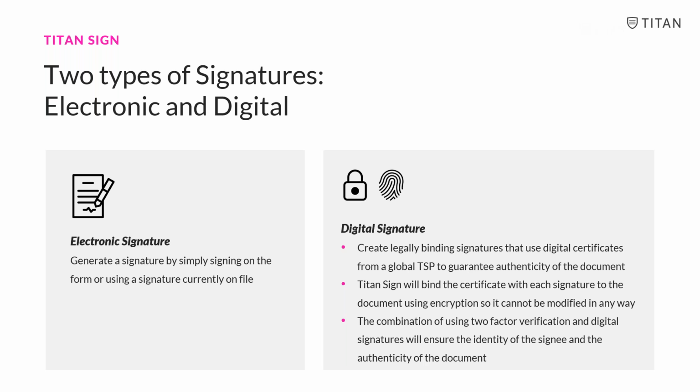Titan Sign will then bind the certificate with each signature to the document using encryption so it cannot be modified in any way. Combining two-factor verification and digital signatures will ensure the identity of the signee and the authenticity of the document, ensuring that your document will be admissible in a court of law.